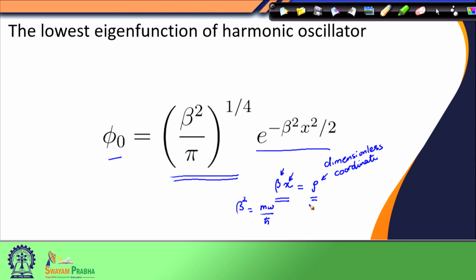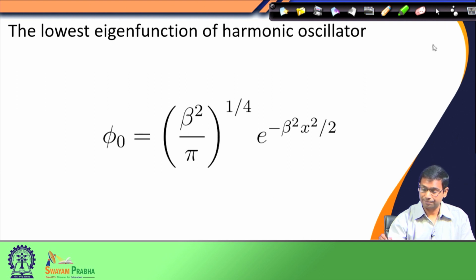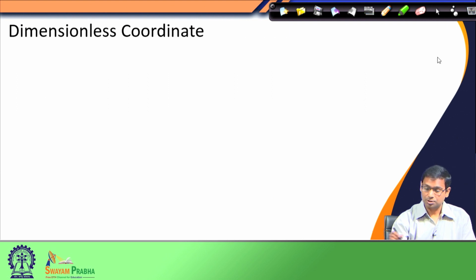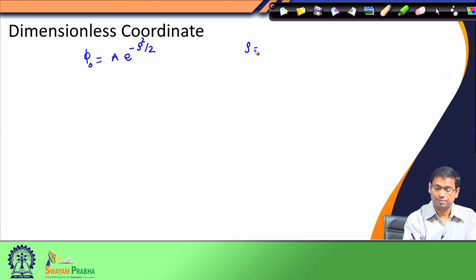We will redefine the lowest wave function of the harmonic oscillator in the dimensionless coordinate. So, in the dimensionless coordinate, we have phi 0 as the normalization constant a multiplied by e to the power minus rho square by 2, where rho is defined as beta x.